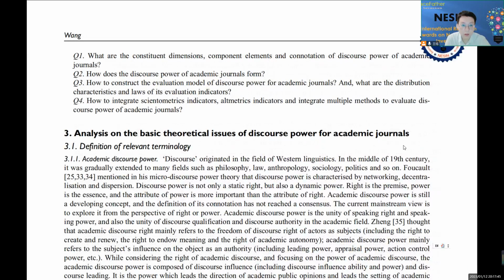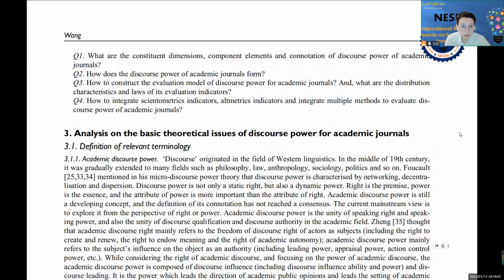What are the constituent dimensions, component elements, and condition of discourse power of academic journals? How does the discourse power of academic journals form?